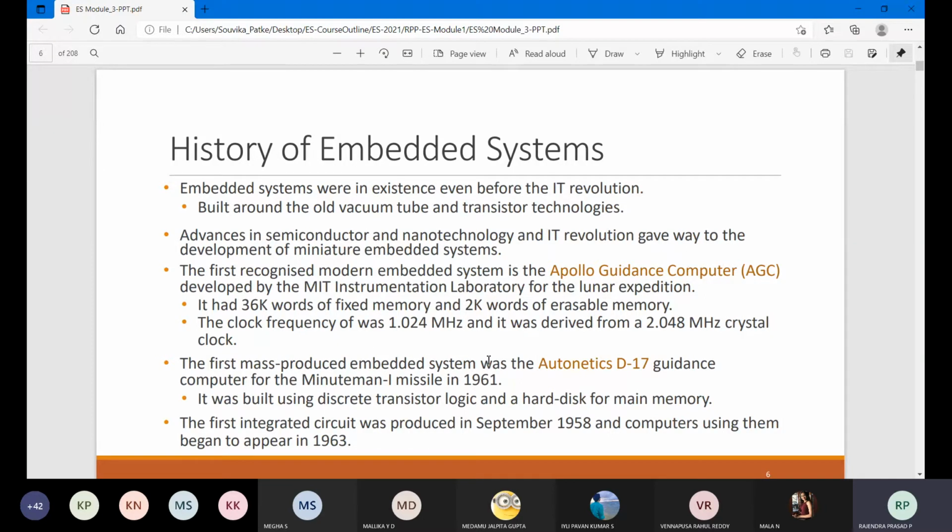The first mass produced embedded system was the Autonetics D17 guidance computer for the Minuteman missile in 1961. It was built using discrete transistor logic and a hard disk for main memory. The first integrated circuit was produced in 1958 and computers using them began to appear in 1963.